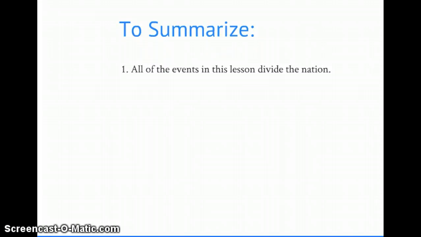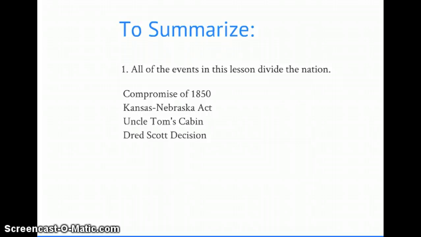So to sum up then, all of the events that we've taken a look at in this lesson divided the nation. The Compromise of 1850 was divisive. California, coming in as a free state, gave control of the Senate to the free states. And the Fugitive Slave Law was not followed by Northerners who refused to help capture runaways and return them.